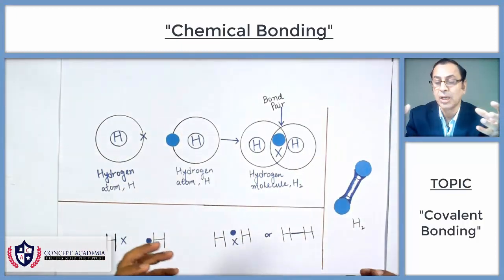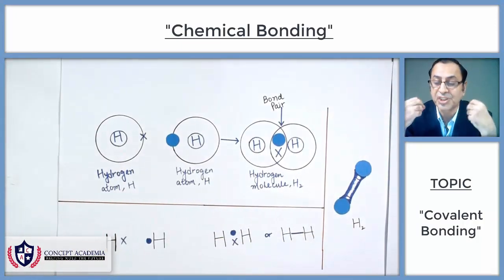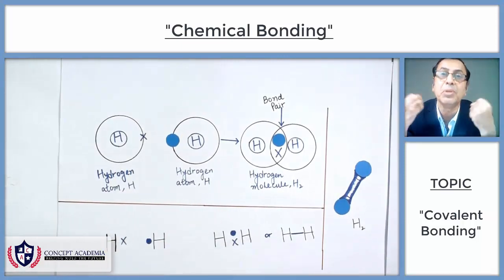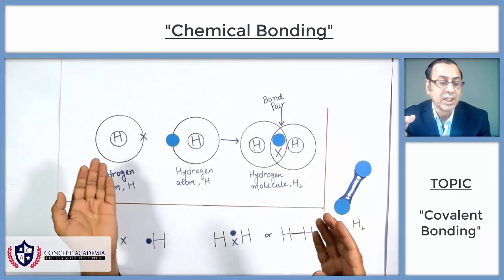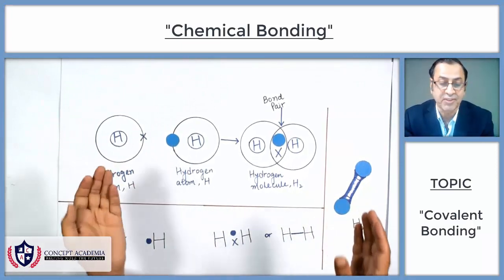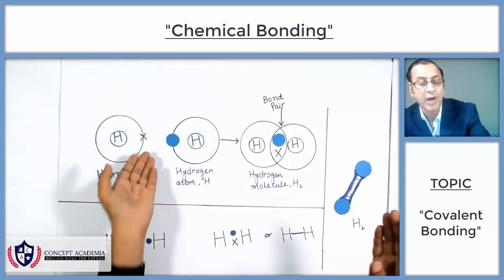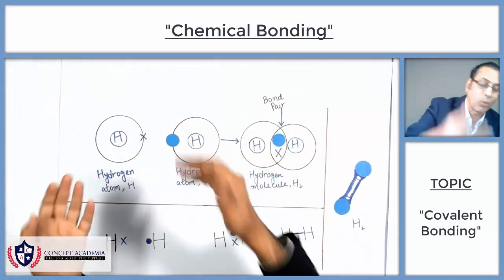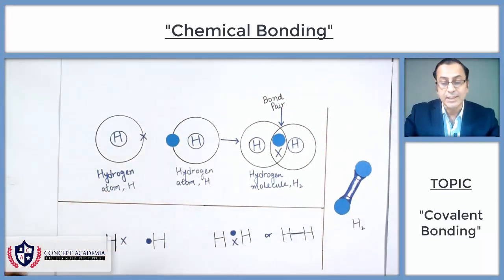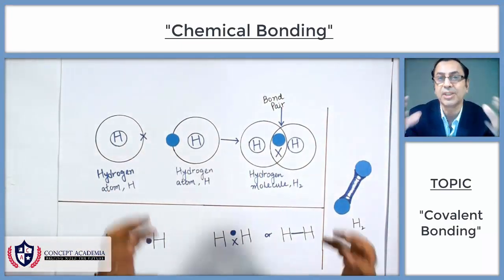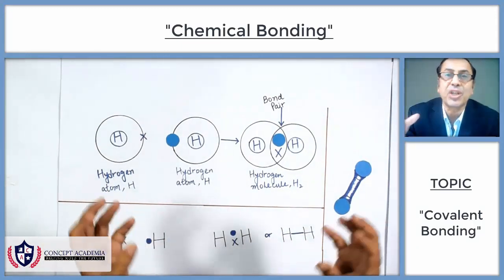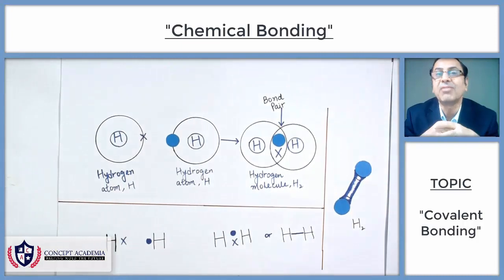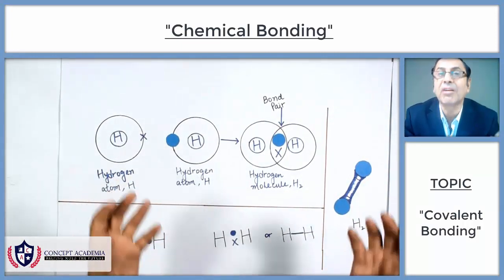Such a binding, because of the mutual sharing of electrons, in which each hydrogen shares 1 electron, the sharing of an equal number of electrons by each hydrogen gives us the covalent bond.